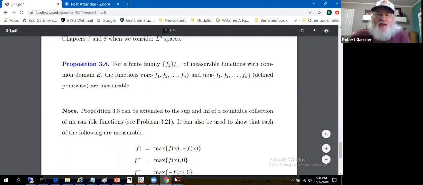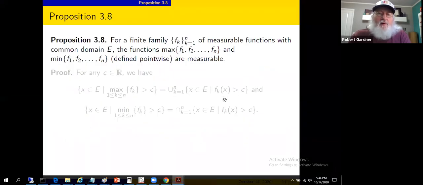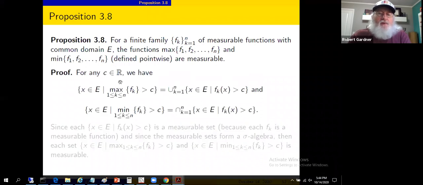Let's look at the proof of that. For any real number c, when we look at the maximum over that finite collection of functions, the set where the maximum of the functions is greater than c, we can write as a union from k equals 1 to n of x values for which f sub k of x is greater than c.